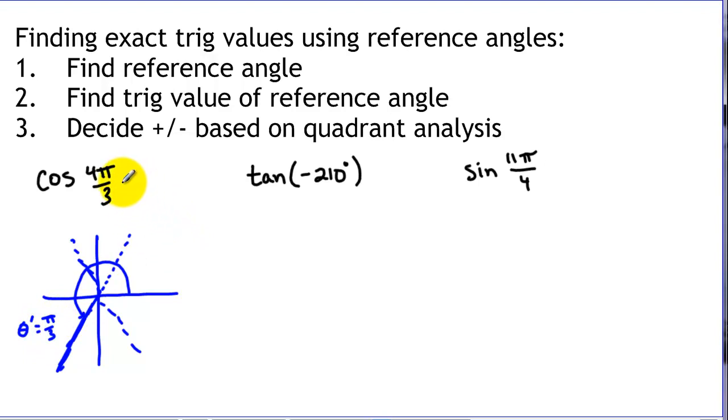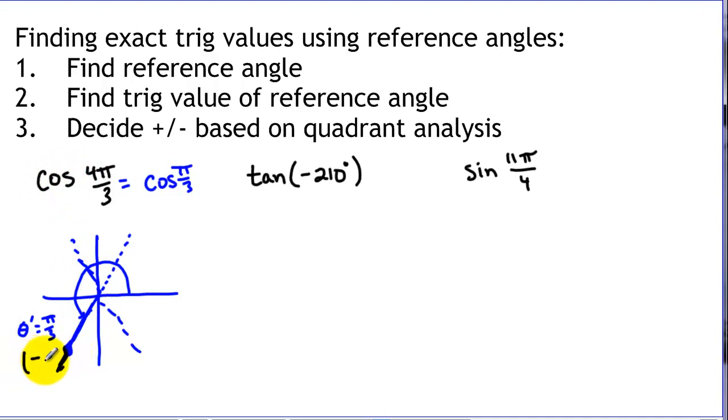So when we go to find this, our value is going to be the same as the cosine of pi over 3, but then we have to decide whether to make it positive or negative. So we are in the third quadrant here. Now remember, cosine is related to the x-coordinate of this point here. The x-coordinate of this point is negative.